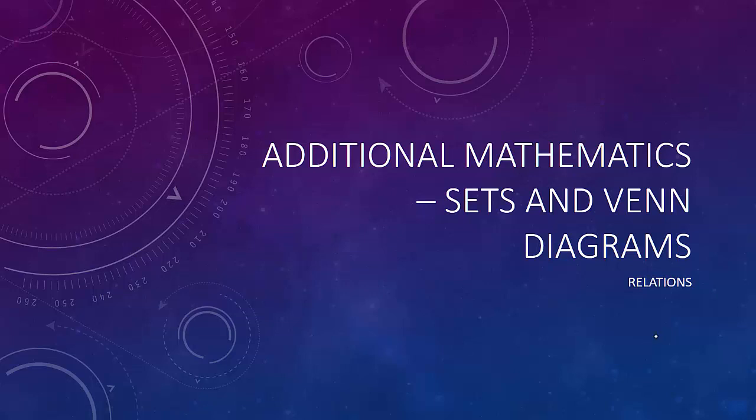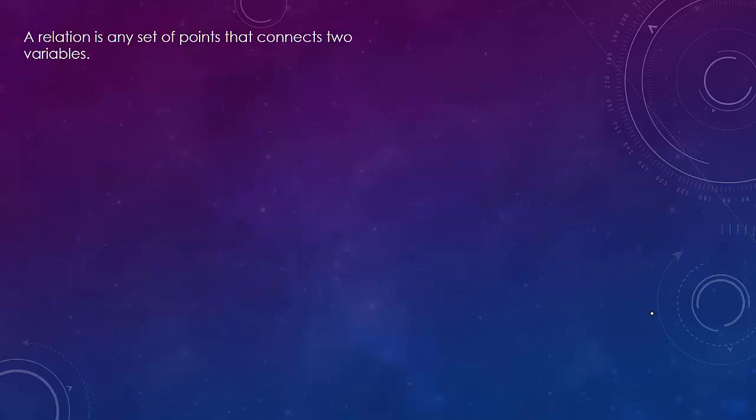Relations. There's a lot more about relations later in the course when we discuss relations and functions, but for now we're just dealing with it in the concept of sets. A relation is any set of points that connects two variables.